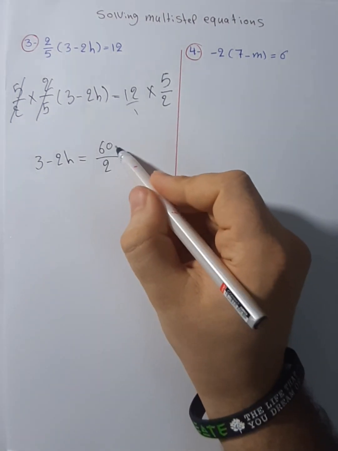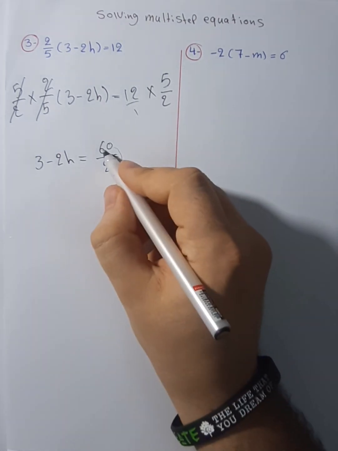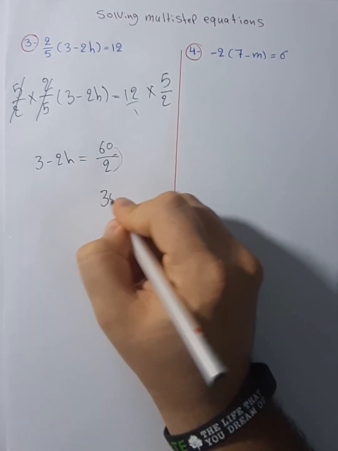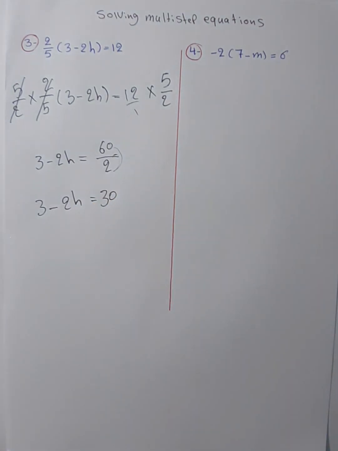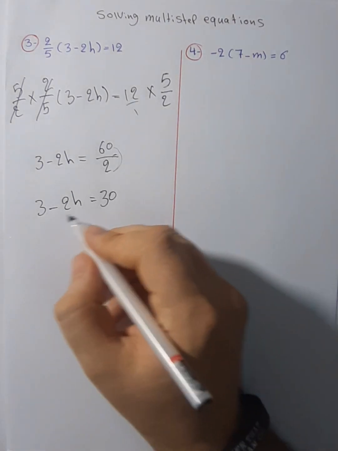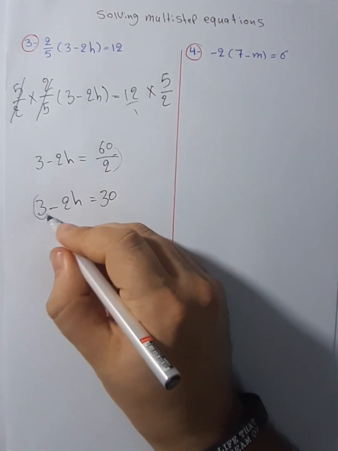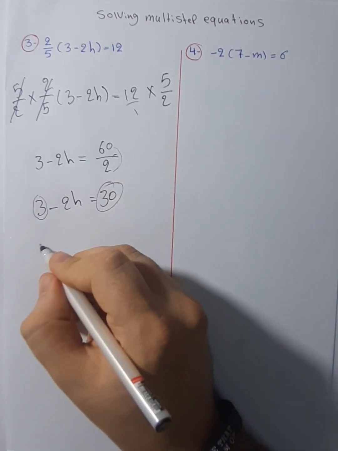And then we can divide these two numbers. 60 divided by 2 equal to 30. 3 minus 2h equal to 30, and then we can combine the like terms. 3 and 30 are like terms.